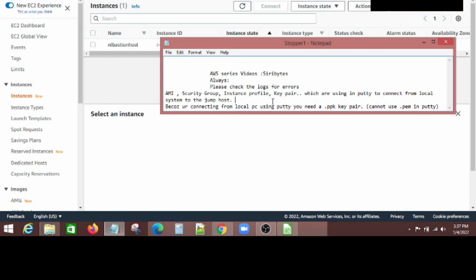All these are minimal configurations I am trying to explain. While creating any kind of EC2 instance, there are so many properties that you can assign based on the requirement.